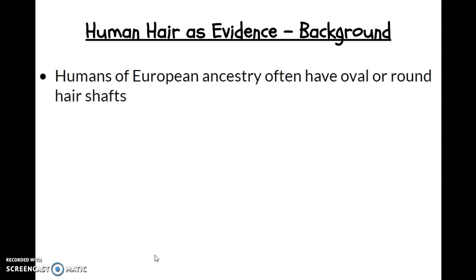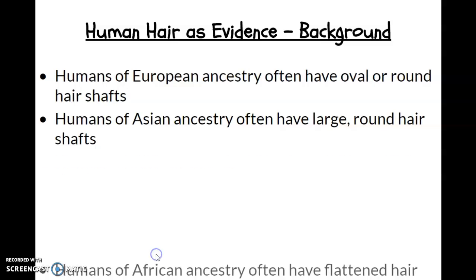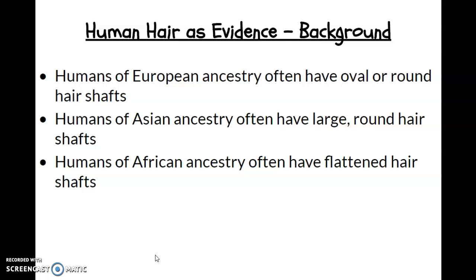Humans of European ancestry often have oval or round hair shafts. Humans of Asian ancestry often have large round hair shafts. And humans of African ancestry often have flattened hair shafts, and this is why it's curly.